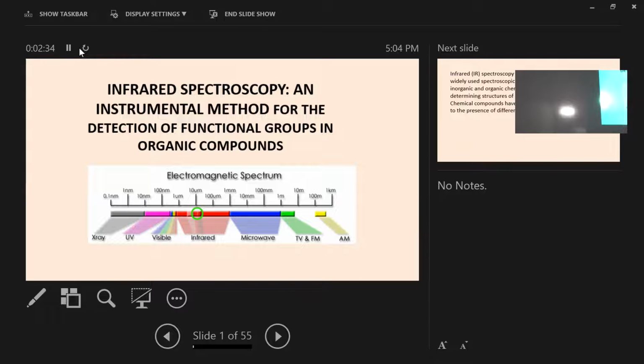To excite this pi bond, you need a certain amount of energy. To excite a sigma bond, you need a certain amount of energy. So depending on what types of bonds are present in the molecule, it will absorb that much energy. It will not absorb as much energy as you give.